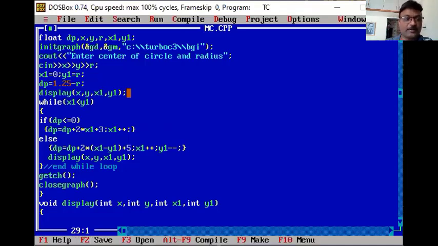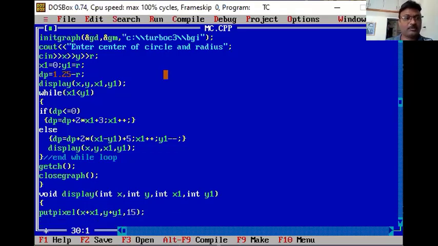So how to calculate putpixel: putpixel x plus x1, y plus y1, comma 15 is the color. So you have to call putpixel x minus x1, y plus y1, comma 15.